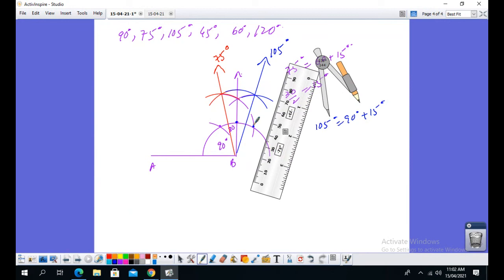Okay, now for 45 degree we have to bisect 90 degree, which is 45 degree.